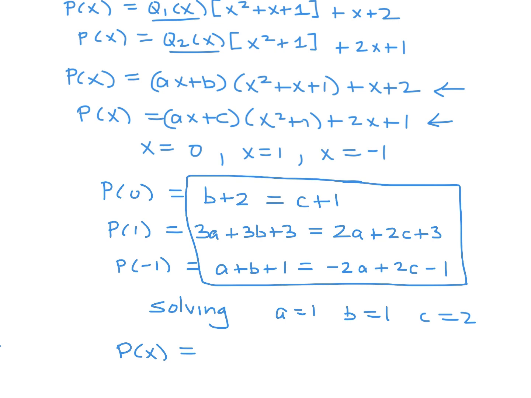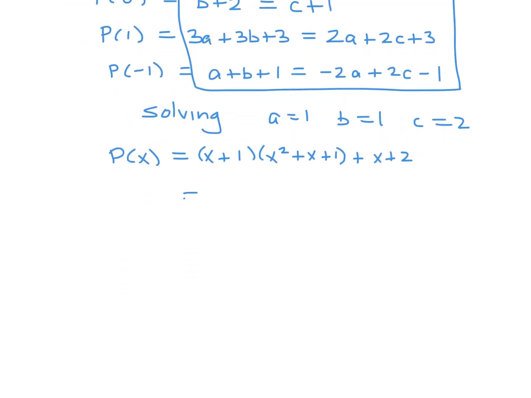So therefore, p of x is equal to, you can substitute it in either one, I'll put it in this one here, x plus 1 times x squared plus x plus 1, plus x plus 2. When you expand that out, you get x cubed plus 2x squared plus 3x plus 3. What they wanted was the sum of the squares of the coefficients.